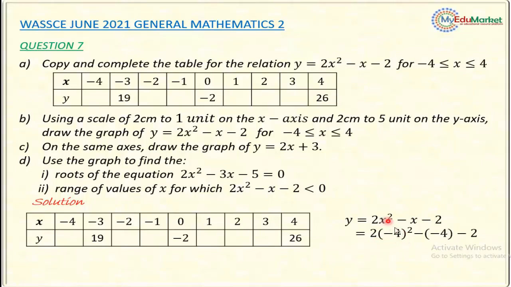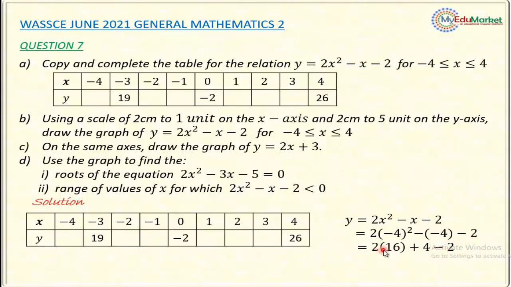X squared is now -4 squared. Minus -4, replace the x by this -4, then copy the -2. -4 squared is 16, positive 16 times 2 is 32. Then minus is plus, then -2. So I have -4 squared is 16 times 2, then minus changes to plus, then I copy this -2.